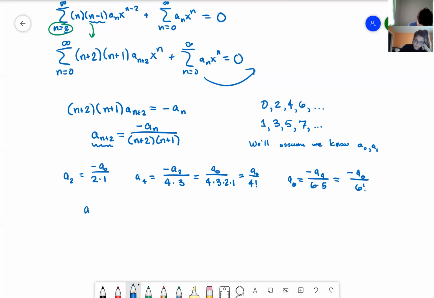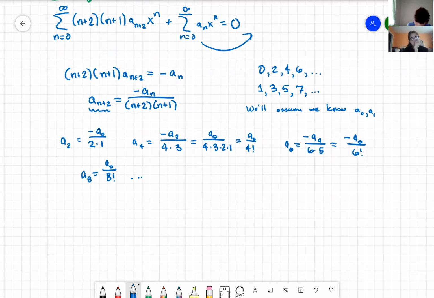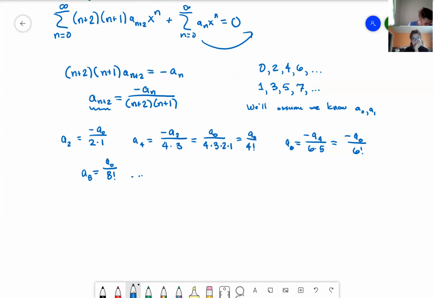And just one more, for the sake of doing it in our head, a0 over 8 factorial. And this pattern continues on. The fraction is alternating back and forth between positive and negative, and the denominators are going by the even factorials. So we see a pattern, but we want to establish that it's true.